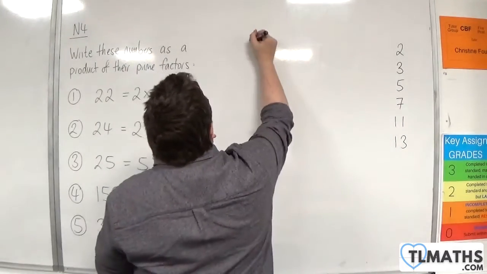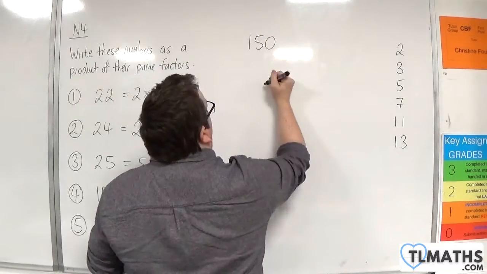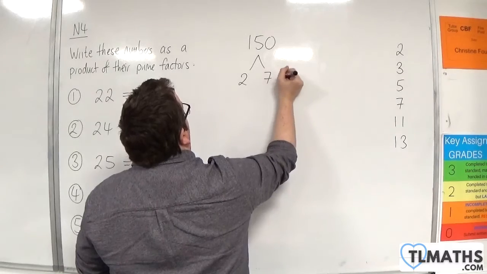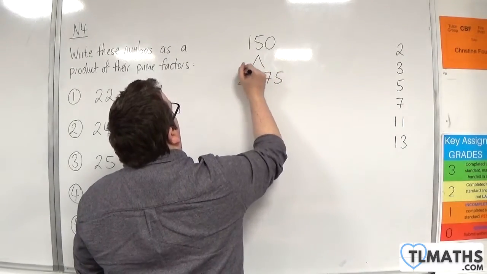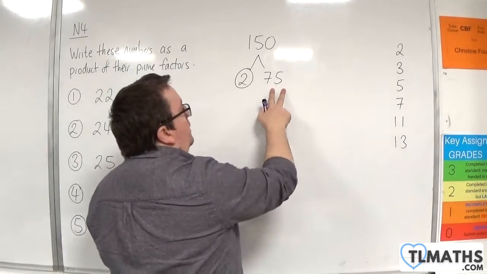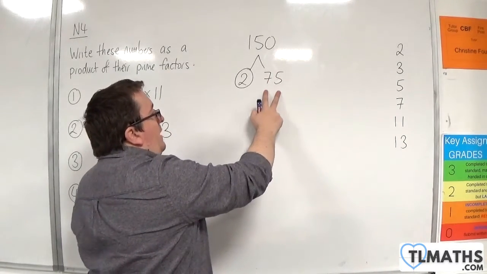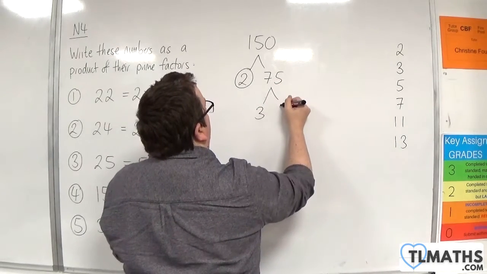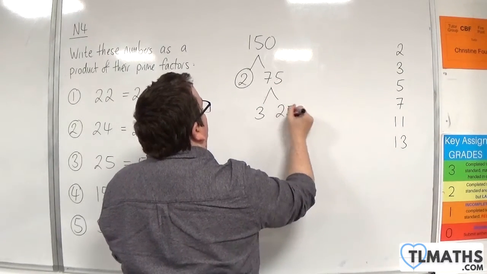150 is next. Now, does 2 go into 150? Well, yes, it does. It goes in 75 times. So 2 is prime, but 75 is not. Does 2 go into 75? No. Does 3 go into 75? Yes, it goes in 25 times.